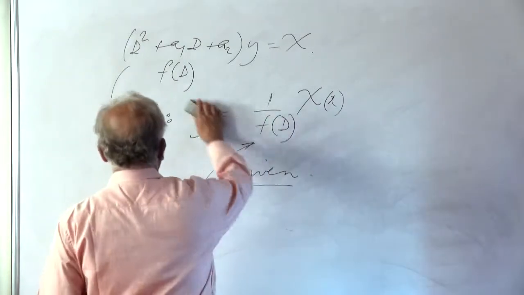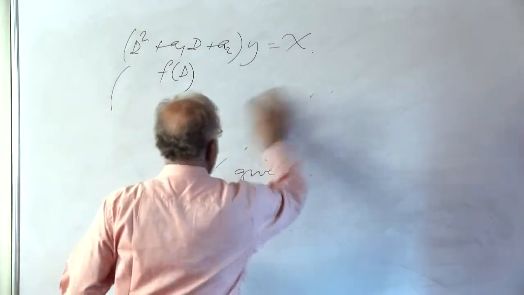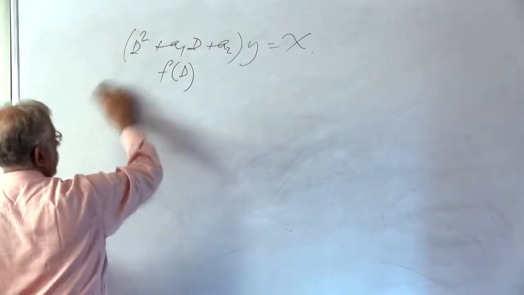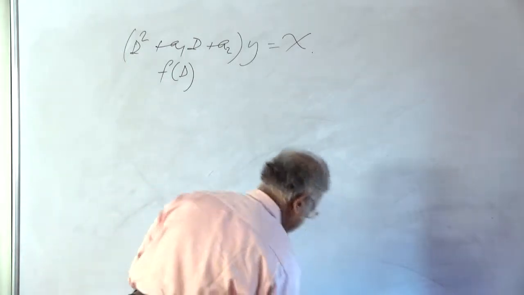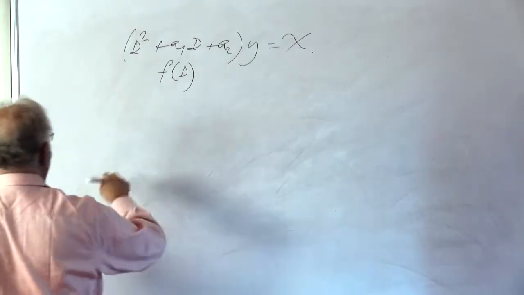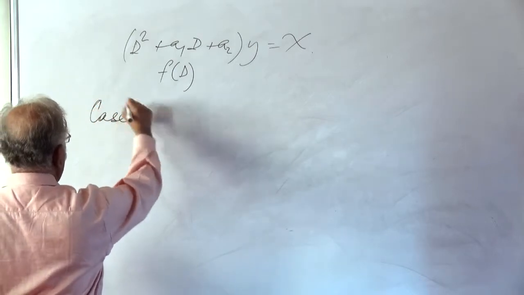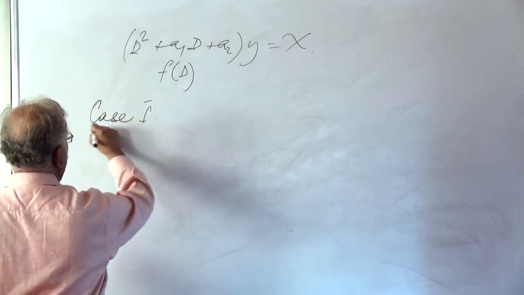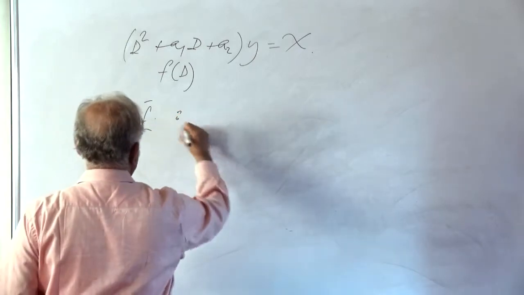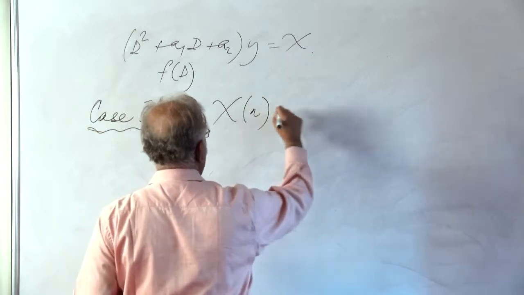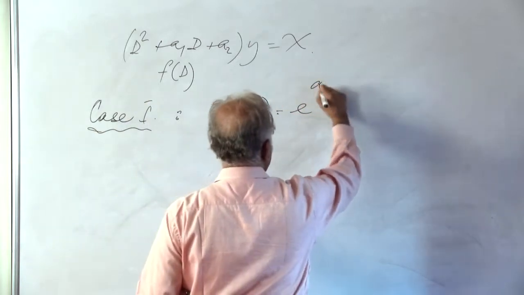The first case we are going to take, case 1, is when our function capital X of x is e to the power of ax.